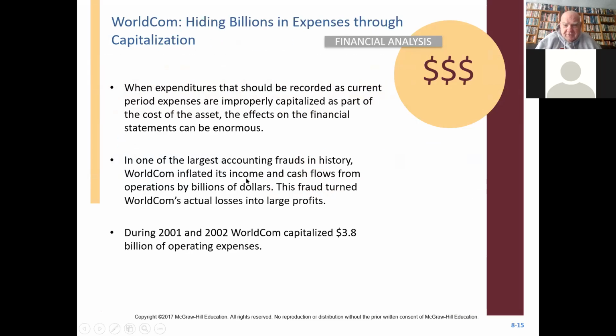WorldCom inflated its income and cash flows from operations by billions of dollars. What these guys did was they capitalized everything. They capitalized almost $4 billion, and it made it look like they were making tons of money. And the reality was that they were not. So this is another company that crashed to earth.